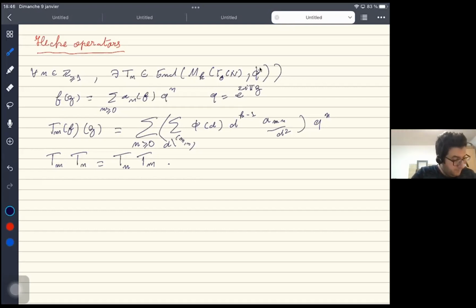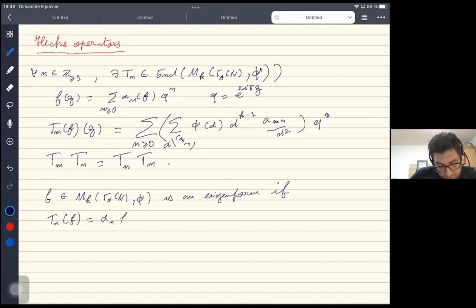But if you define it like this, it will be a little bit hard to check that what you obtain is a modular form. And now, for me, an eigenform is a modular form which is an eigenvector for all the Hecke operators outside the level of the modular form, which is N. Here, the N is the one occurring in the level.